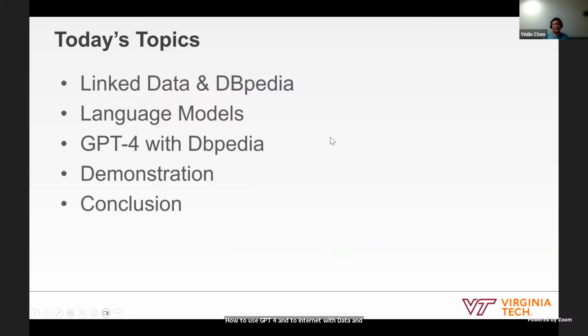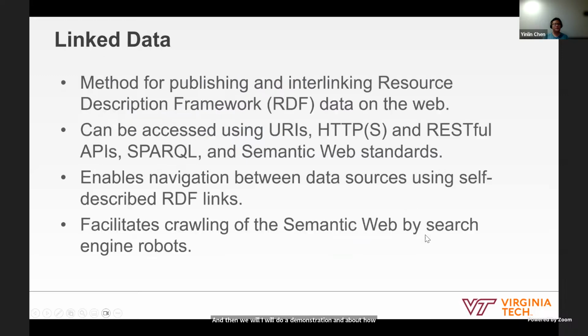As you can see here, I will very briefly introduce linked data and DBpedia, then introduce large language models, and then how to use GPT-4 to query DBpedia, like linked data repositories. Then I will do a demonstration of how this works, and finally conclusions.